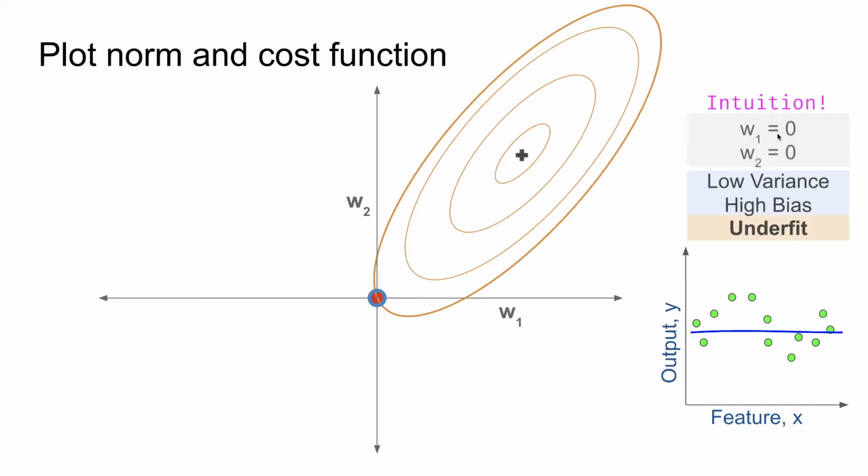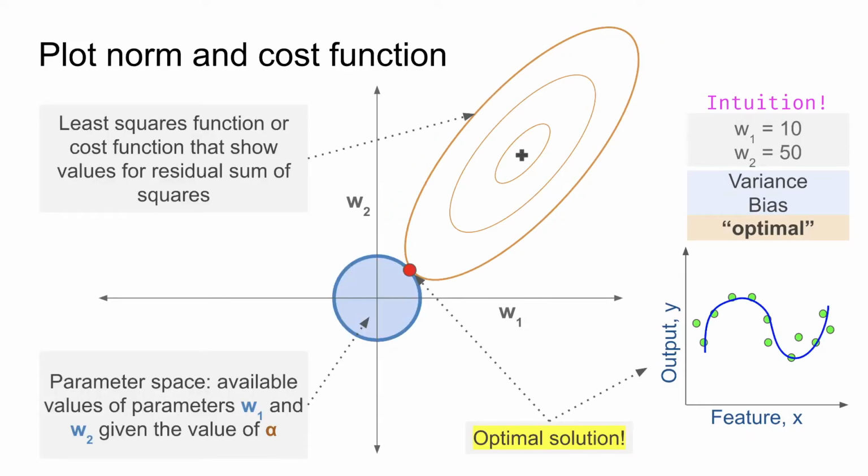So the takeaway message from that explanation was that the norms help us. Here we are using the circle, which is the L2 norm.